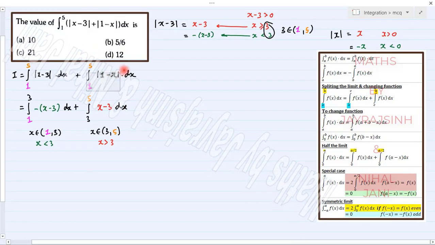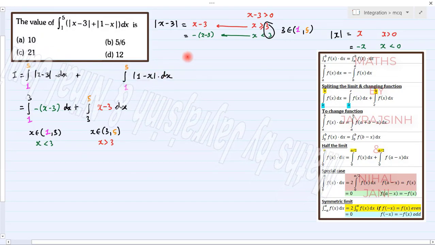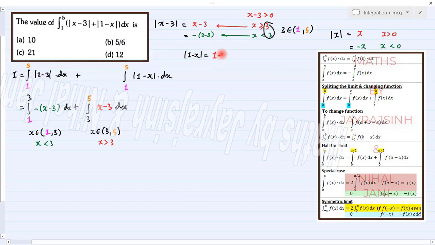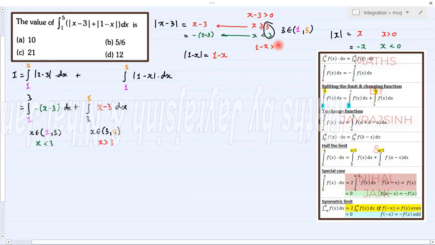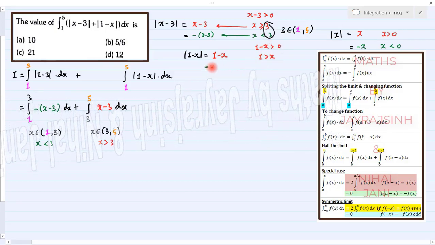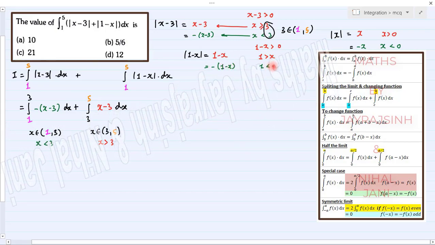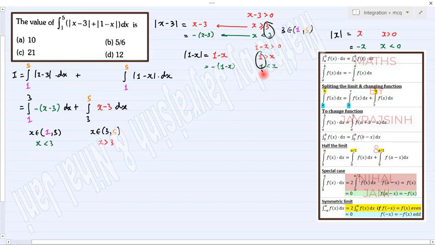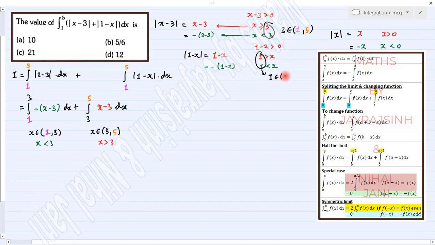Now let's talk about our second term. Here we have mod of 1 minus x. So we can say it will be 1 minus x when 1 minus x is greater than 0, or we can say 1 is greater than x, and it will be minus of 1 minus x when 1 is less than x. And the changing point is not within the open interval 1 to 5.